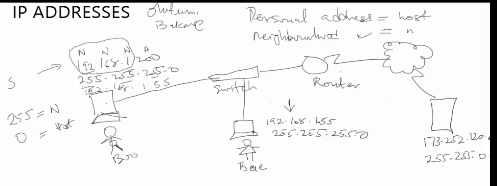My destination first octet is also network addressing. So I check it against my own. They are the same. I have 168 here, and it too has 168 here. Okay, that's part of my network address. So first octet, second octet are the same. It checks the third octet against its own subnet mask and says, it's the same. It has the same third octet as mine, and all those 3 octets are used for network addressing.